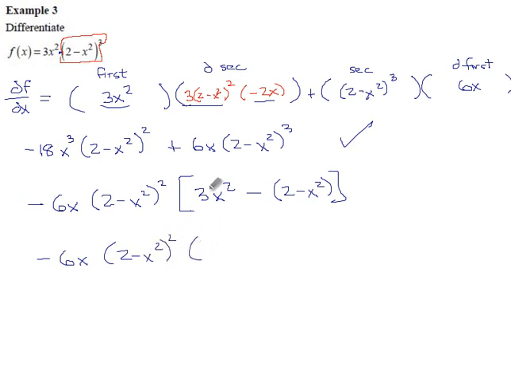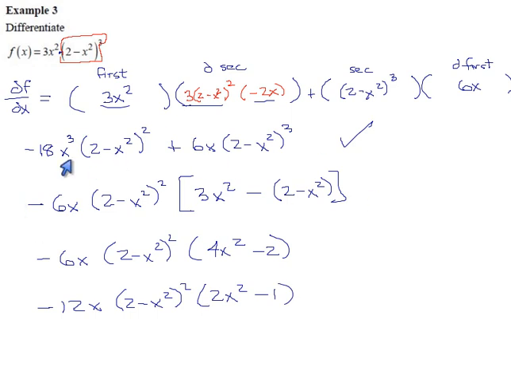What do we have here? 3x squared plus another x squared is 4x squared minus 2. You could factor a 2 out of that, I guess, if you're really gung-ho. 2 minus x squared squared, leaving 2x squared minus 1. So, okay place to stop, also a good place to stop.